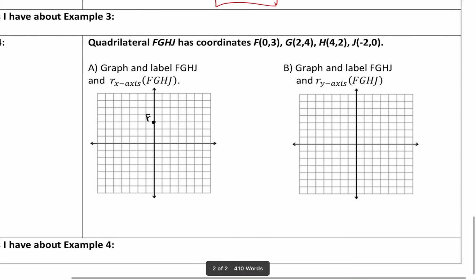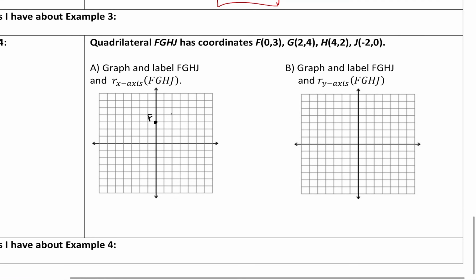G is at the point 2, 4. H is at the point 4, 2. And J is at the point negative 2, 0. That is J. So there is my figure.